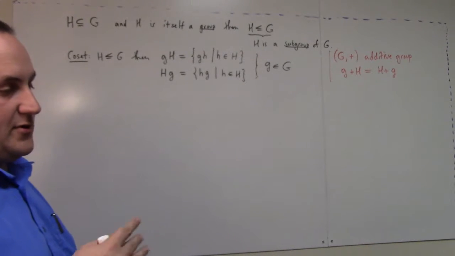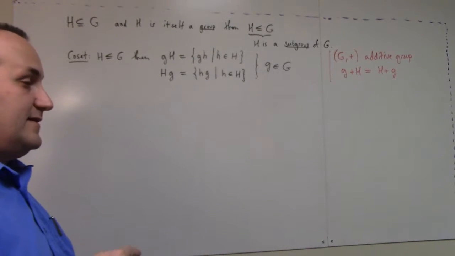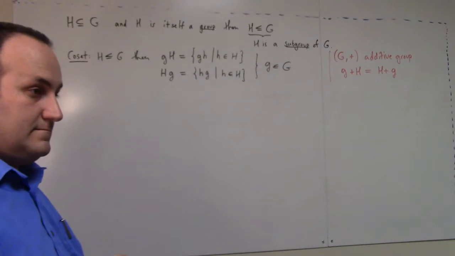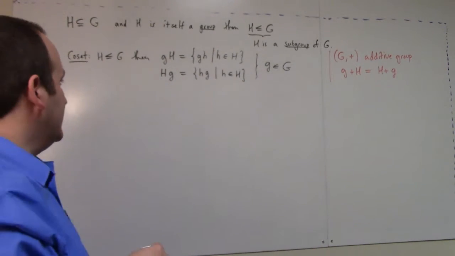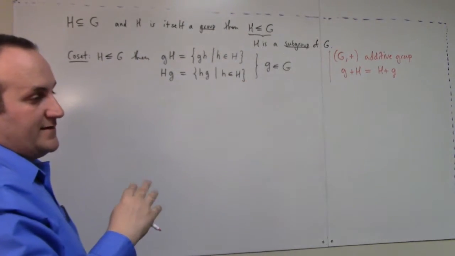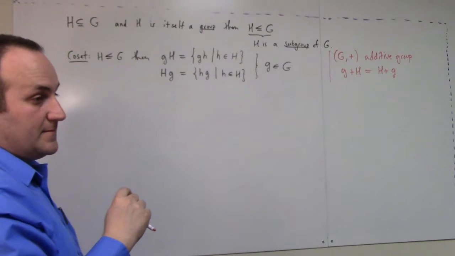So an additive group or an abelian group has a special property that left and right cosets are no different. You don't have to worry about left or right. Now that's not generally true, except for very special kinds of subgroups.